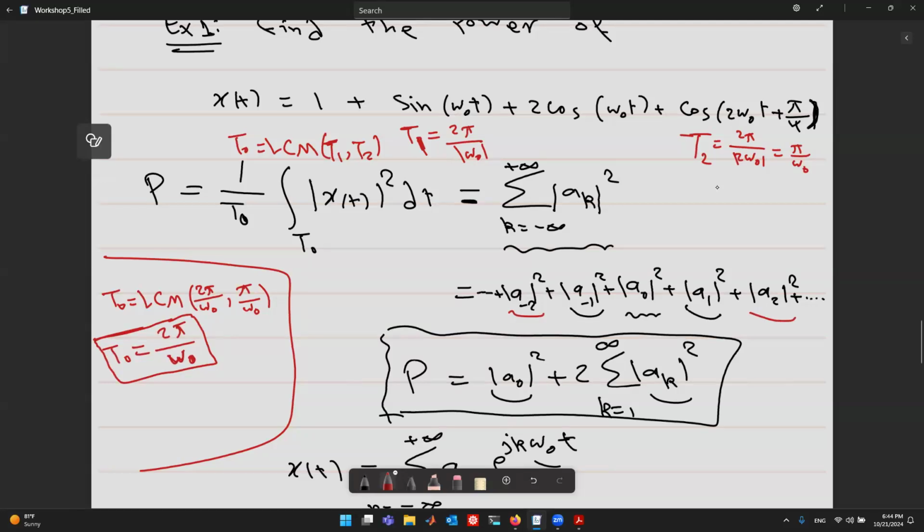And the frequency of the whole signal, the fundamental frequency, is actually omega naught, right? So the fundamental frequency of the whole signal is omega naught.